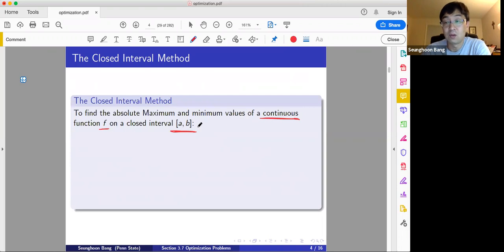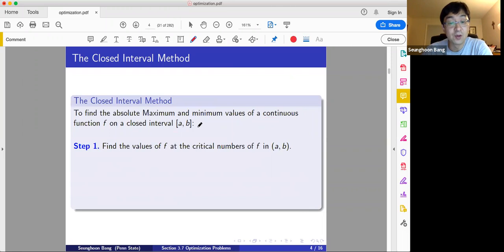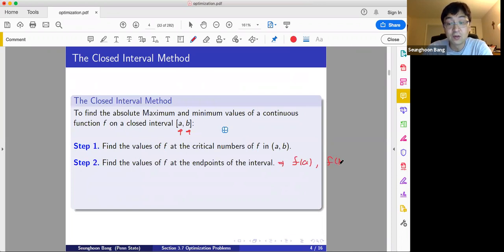We follow three steps. Step 1, find the values of f at the critical numbers of f in the open interval (a, b). Step 2, find the values of f at the endpoints of the interval. What are the endpoints? a and b. So you have to find the function value at a and the function value at b.